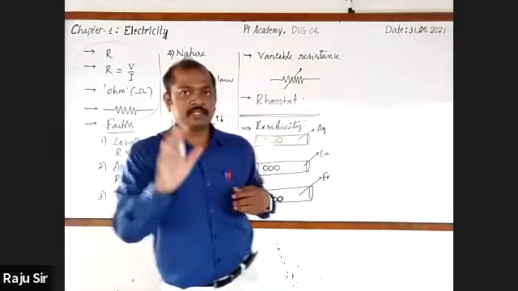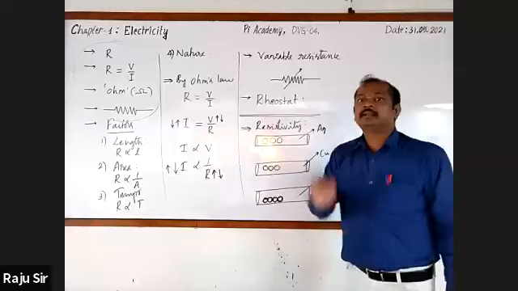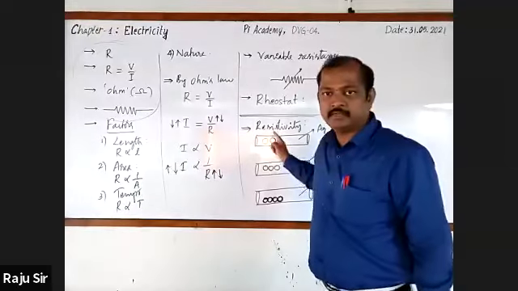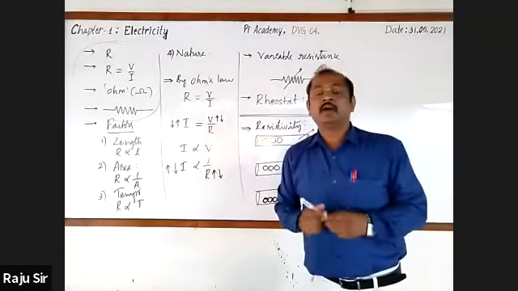Got it? Hope that you have understood. Yes, sir. The measure of resisting power of a metal is called resistivity, nothing but how strongly or how weakly a metal opposes the flow of electrons.